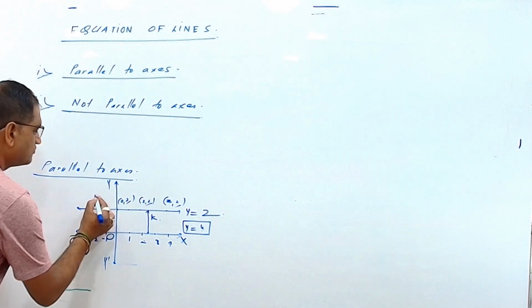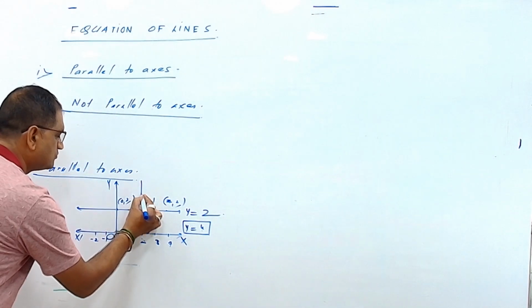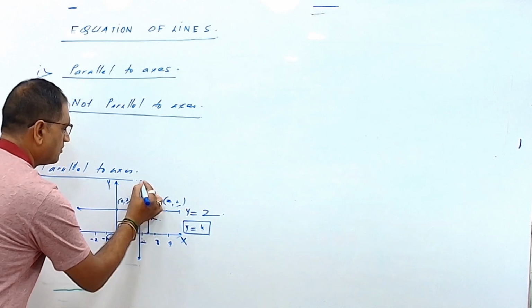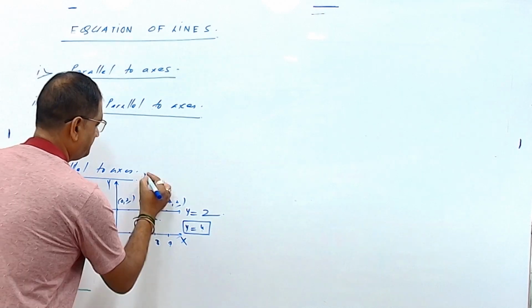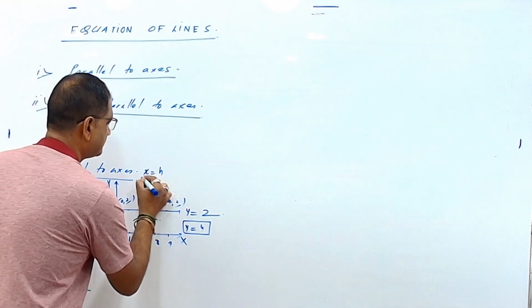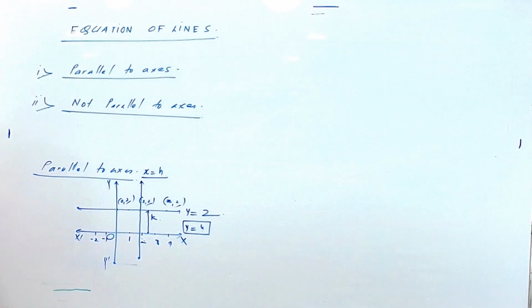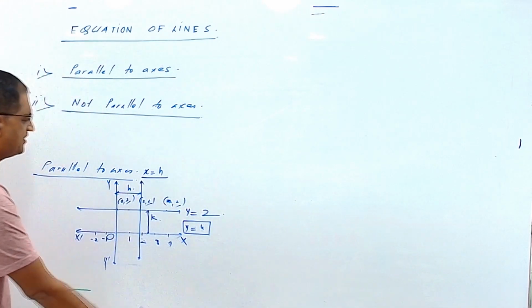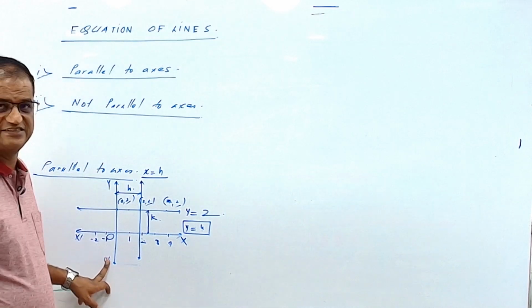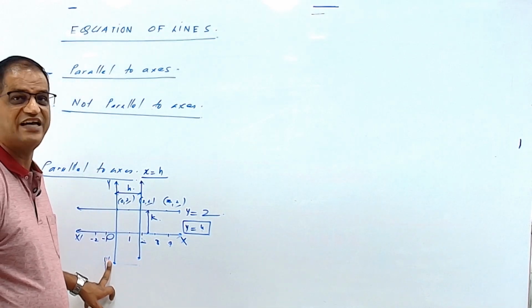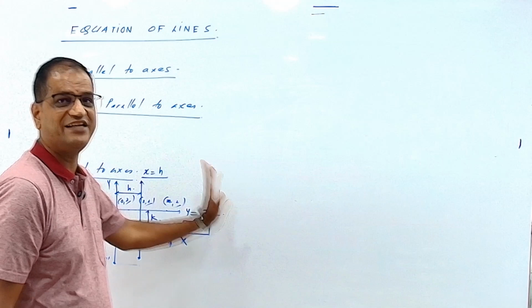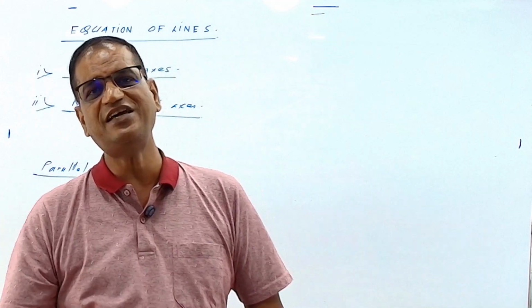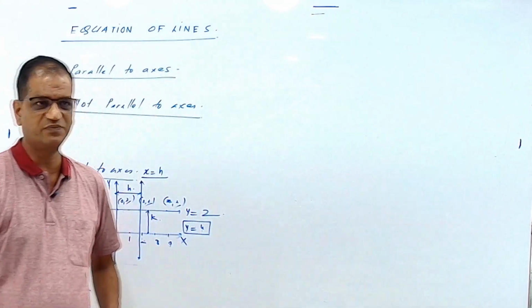Can you tell me about the line parallel to y-axis? Its equation is always x equal to h. So h is the distance between the line and the y-axis. This h is positive if the line is on the right hand side, negative if it is on the left hand side. Understood my point?